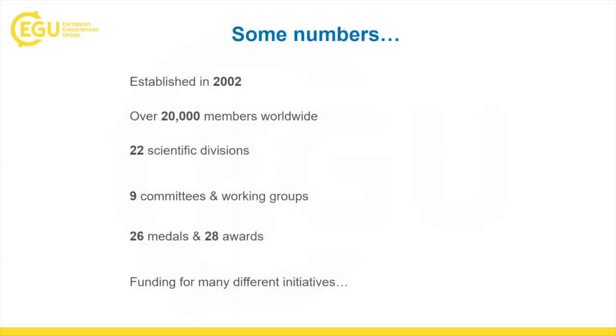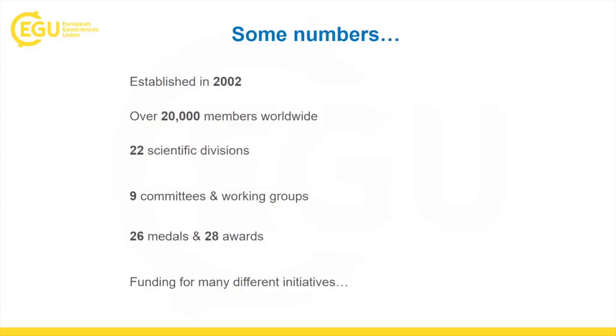So some numbers. EGU was actually established in 2002 as a union of two other organizations. We have over 20,000 members worldwide, and we cover 22 scientific divisions covering subjects such as historic climate, planetary sciences, also including ocean sciences, hydrology, etc. So a very broad choir of fields.